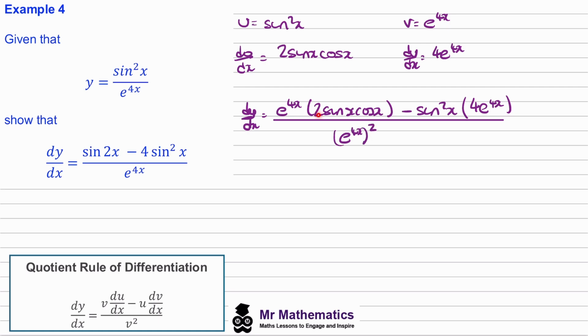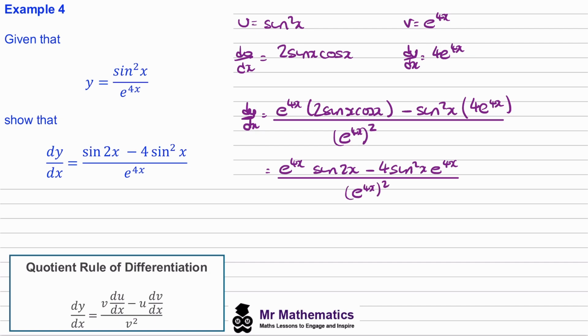Now we can write this 2 sine x cos x using the double angle formula. This will give us sine 2x. I'll bring this 4 in front, and we'll have e to the 4x again, all divided by e to the 4x squared.